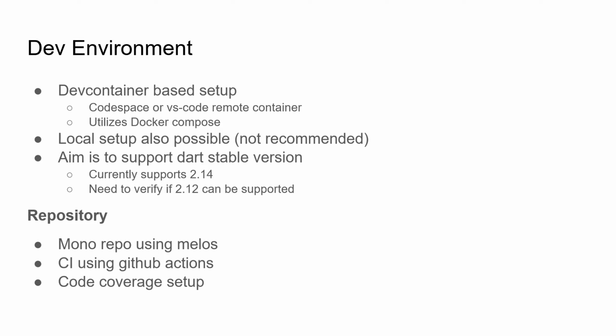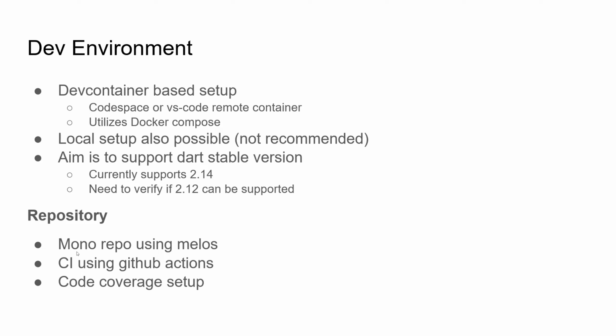Currently, it supports Dart version 2.14, but two days ago there was a new release, 2.15. I would also like to support 2.12, which is when null safety was introduced in Dart, so at least I would like to support a minimum version of 2.12. The repository itself is structured as a monorepo where all the packages are inside one repository.